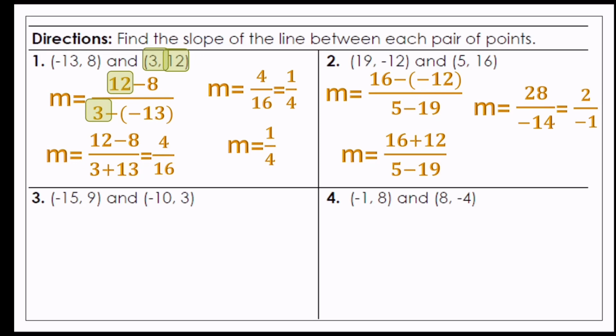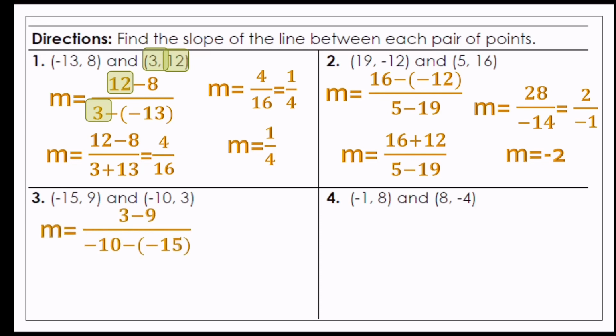I can divide both of them by 14. So notice what I did. Yes, your slope is 2 over negative 1. But what is 2 divided by negative 1? Negative 2. Okay? So that's how we can write it. If it's divisible, we can write it that way. Okay? Let's take a look at our next one.